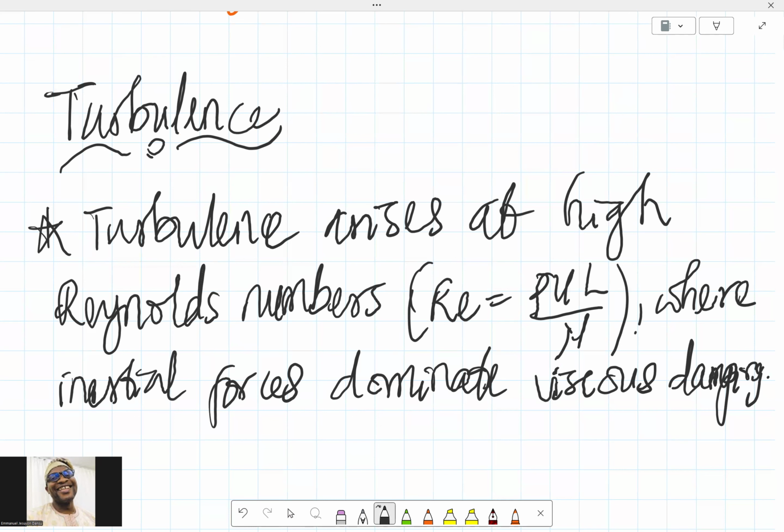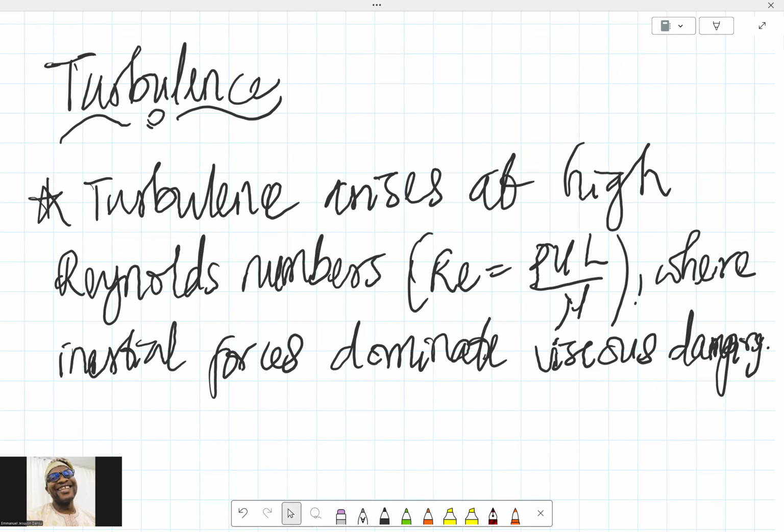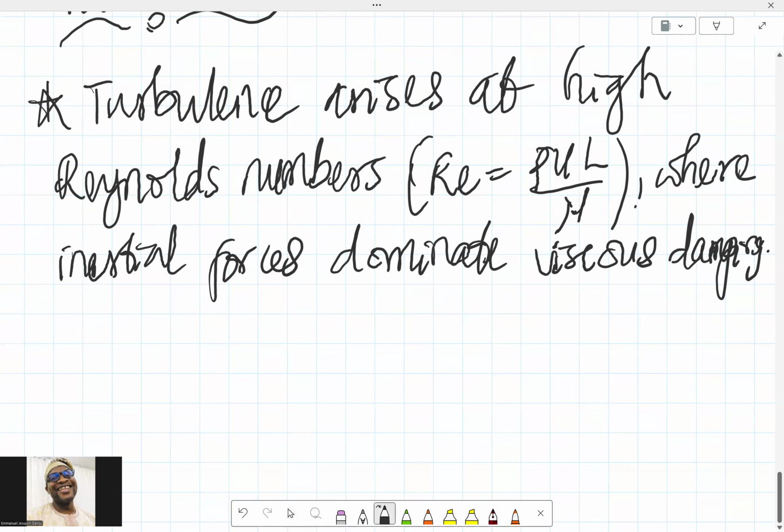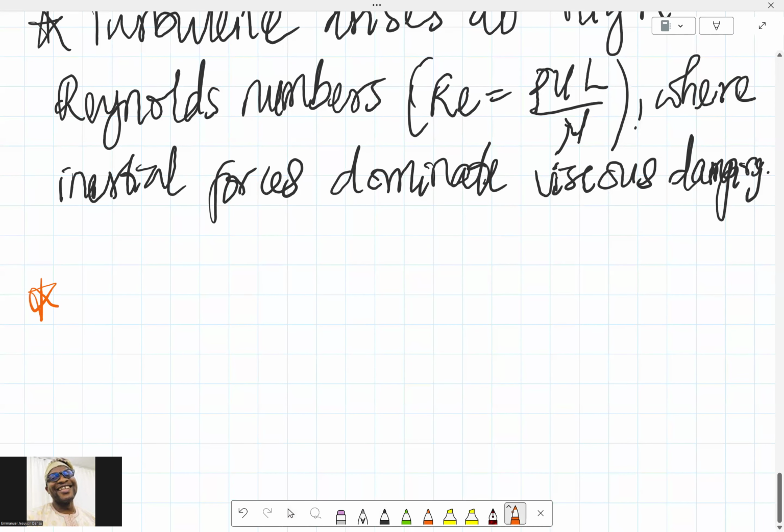So you remember all those terms before. So high Reynolds number means there's turbulent flow.